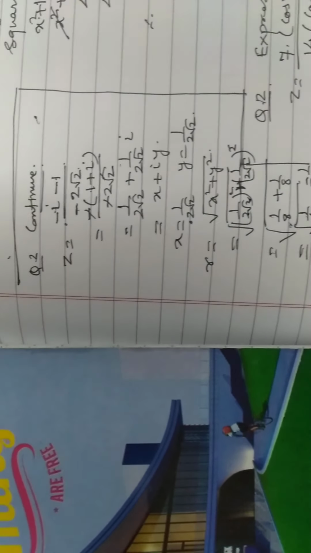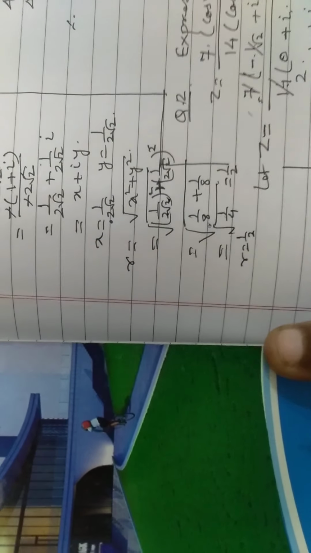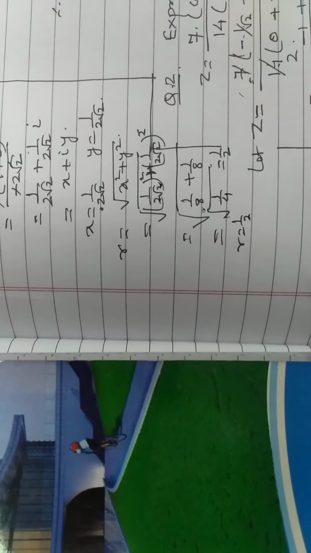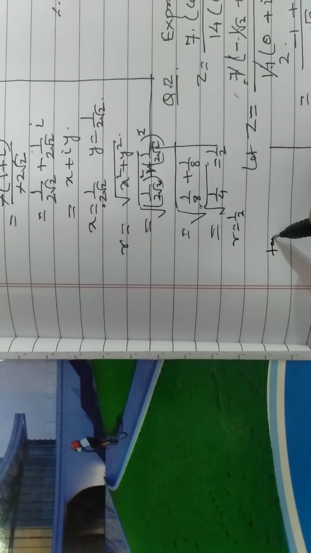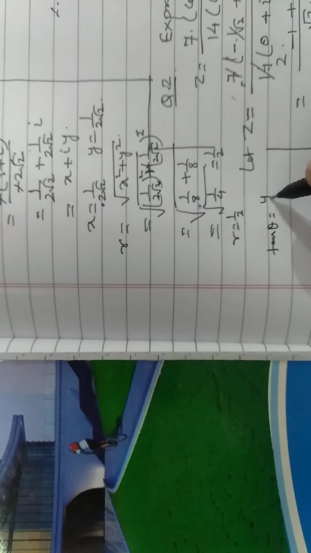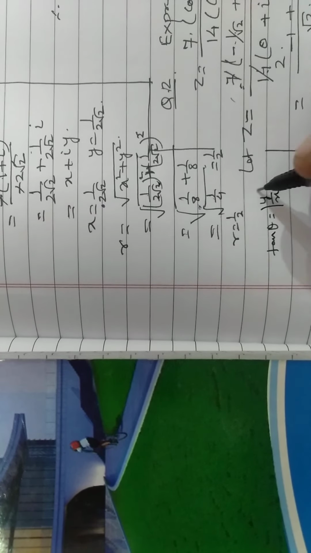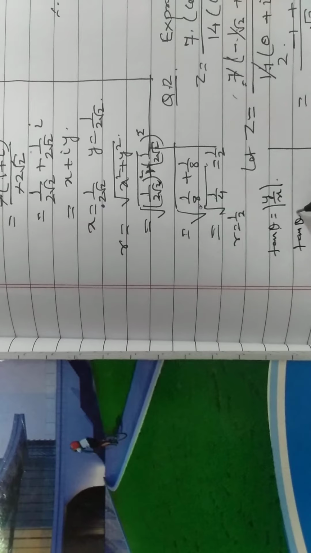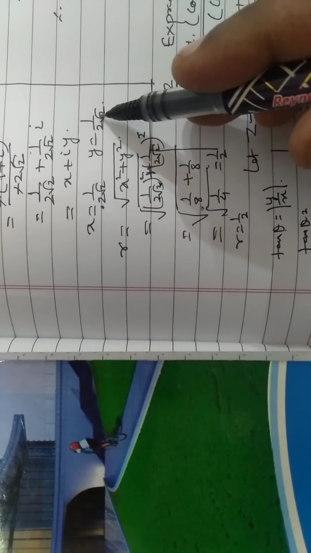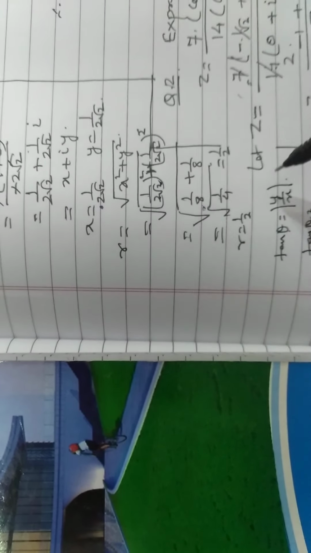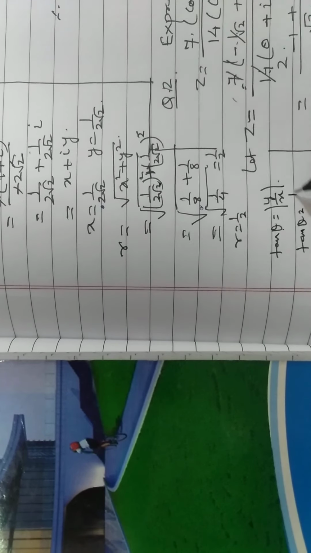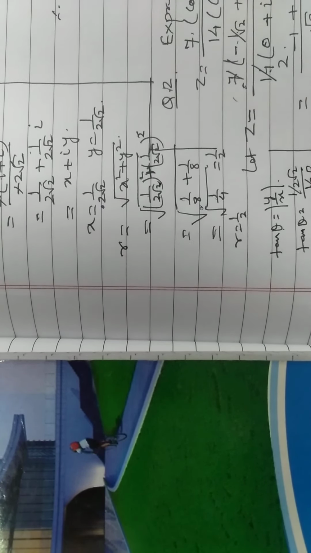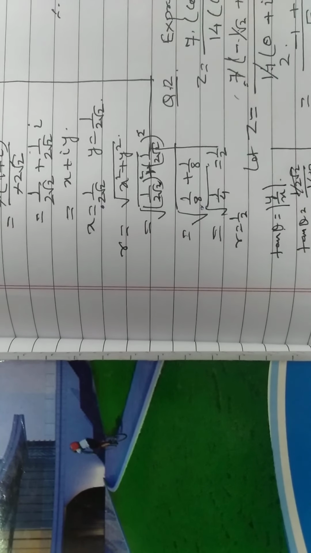So r is equal to 1 by 2. Now we have to find the value of theta. First of all, we will write tan theta is equal to modulus of y by x, where theta is the argument. Tan theta, y is equal to 1 by 2 root 2 and x is also equal to 1 by 2 root 2. So 1 by 2 root 2 upon 1 by 2 root 2 will cancel. It is 1.